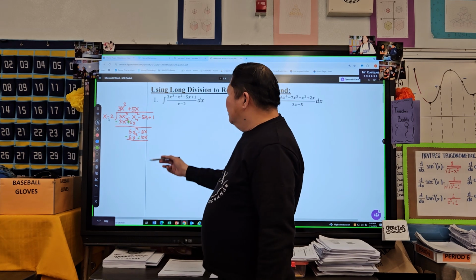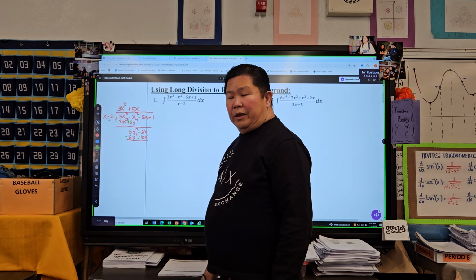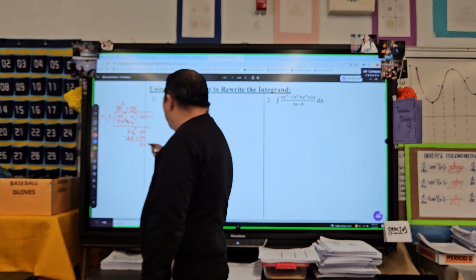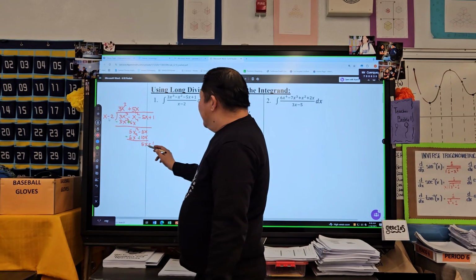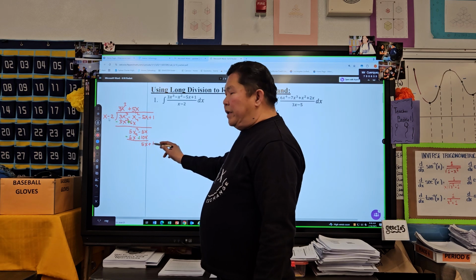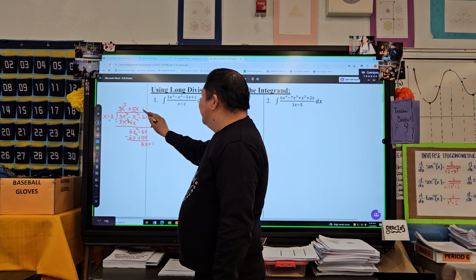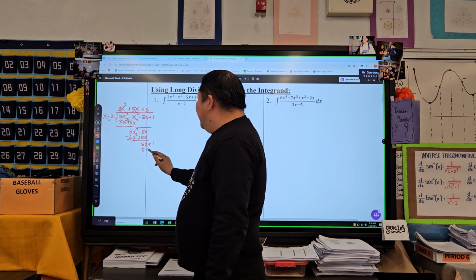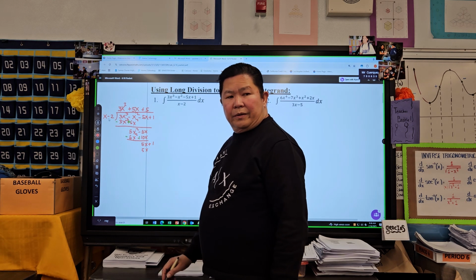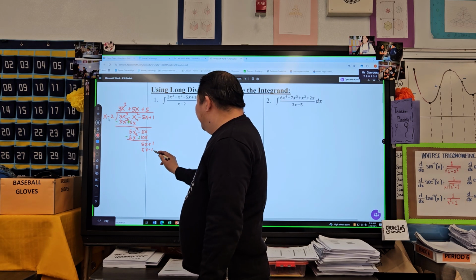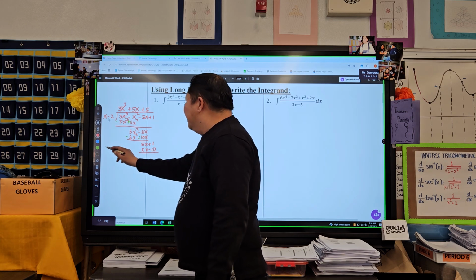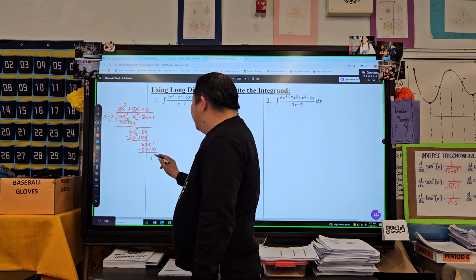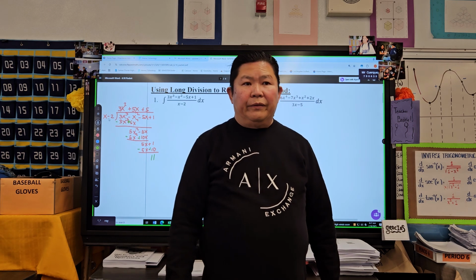So this is now 5x at the bottom, and then plus 1. Since the coefficient is 5, so we say plus 5. So 5 times x is 5x, and then 5 times negative 2 is negative 10. And then we change the sign, negative, positive, which means the remainder is 11.